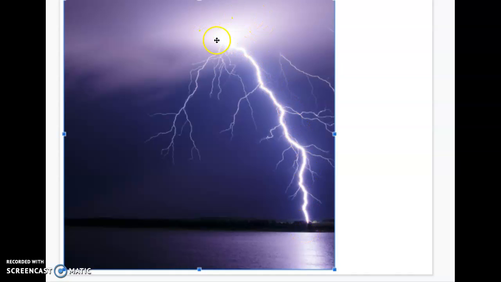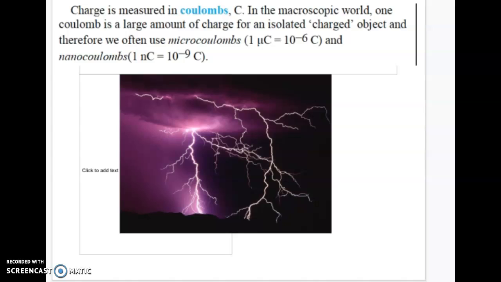Now, when negative charges move in this way, that's called current. That's called a flow of charge, right? And that's what lightning is. These electrons have accumulated, are repelling, and they need to get away. So what they do is they discharge, they form a route to get rid of all those negative charges down to the earth.